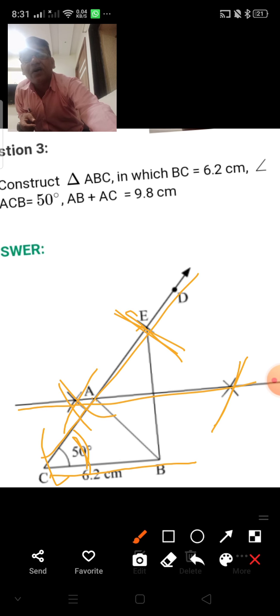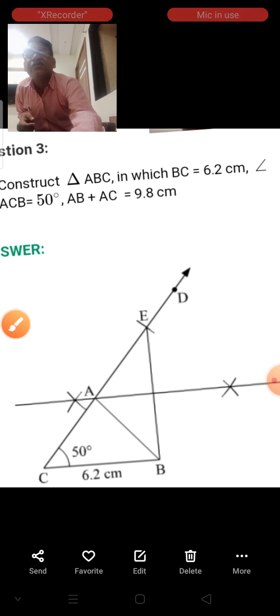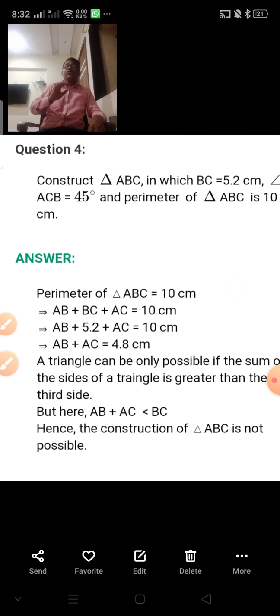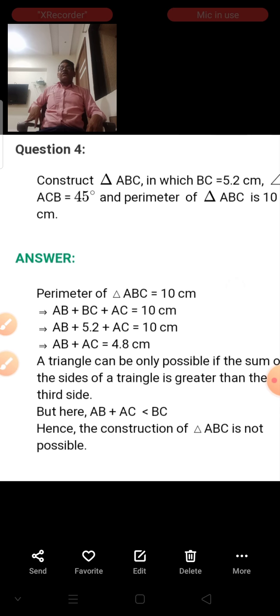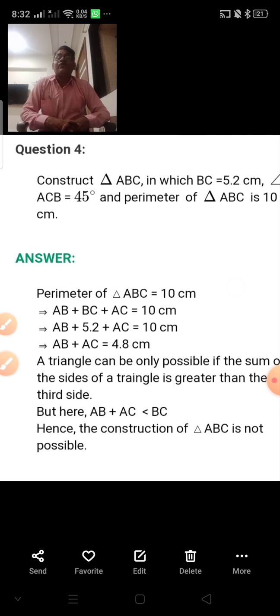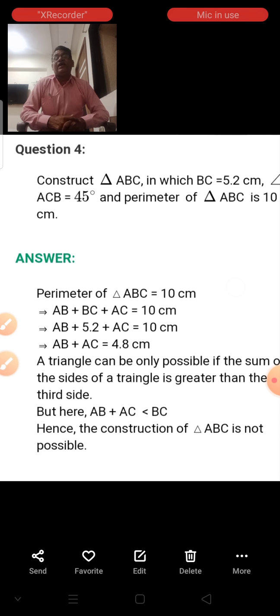Okay, now come to the next, fourth question of this 4.1. Question number 4. Construct triangle ABC in which BC is equal to 5.2 centimeter. Here one side is given, that is BC 5.2 centimeter, angle ACB is 45 degrees, and the perimeter of triangle ABC is given.